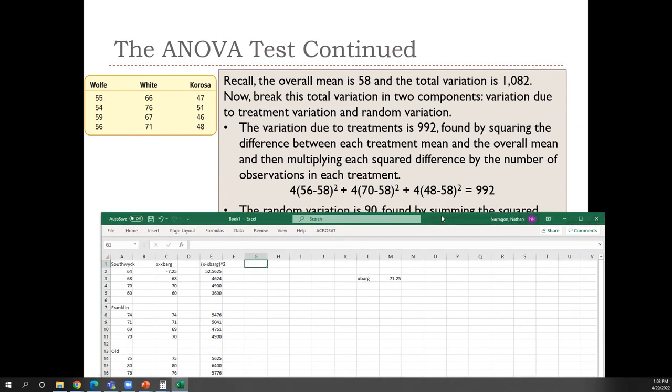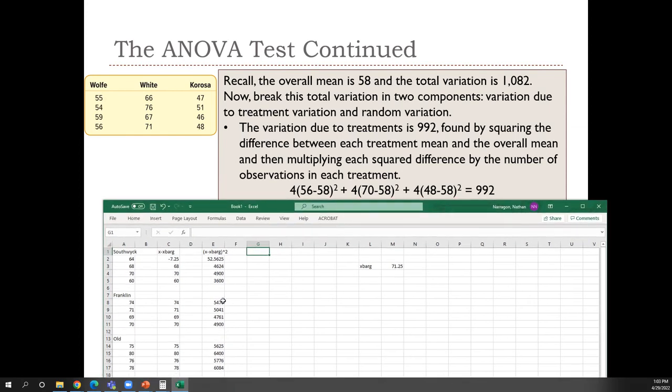Alright, so we're going to do it this way. I think using Excel will actually help us out a little bit more. Alright, so variations due to the treatment. So we got our grand. We're going to calculate both ways. So this was just doing our grand. Now, we're going to take and find the mean of each of these.